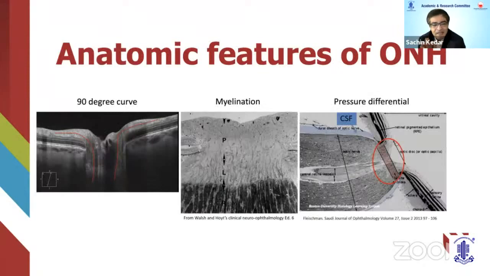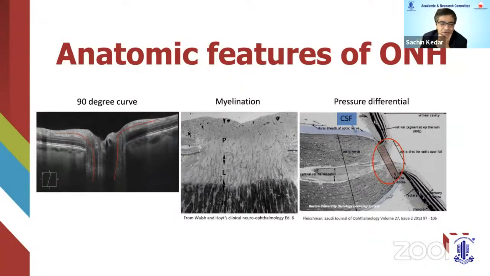The optic nerve head is really unique because it is the only part of the central nervous system that we can see in the physiological state. But it is also a structure that has some anatomic challenges that make it susceptible to injury. You can see the axons take a 90-degree curve as they enter the scleral canal.